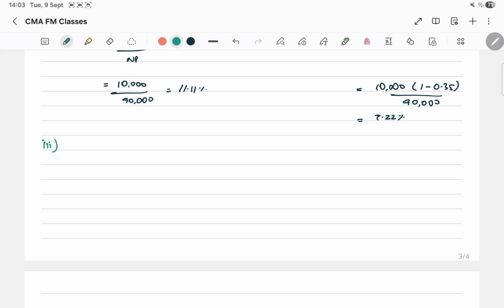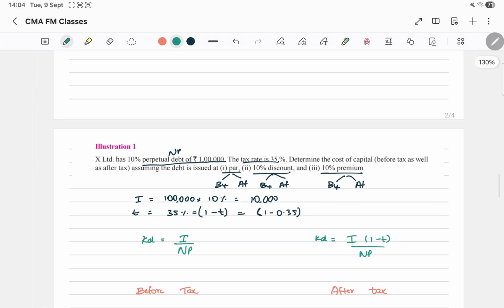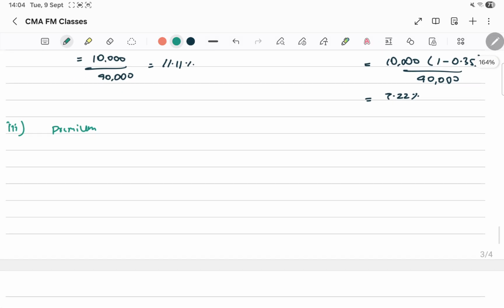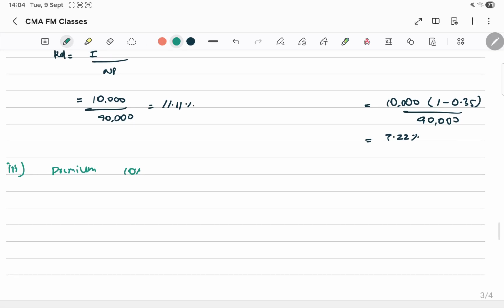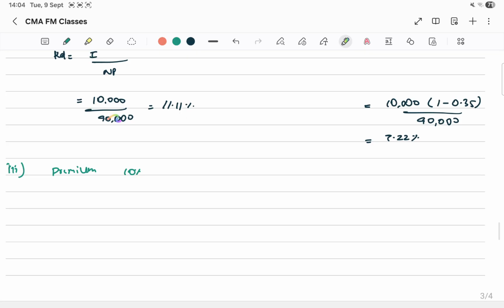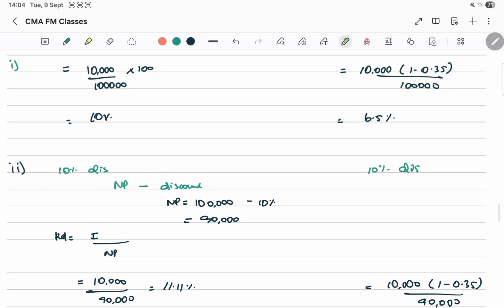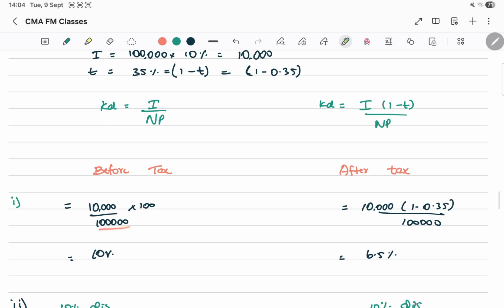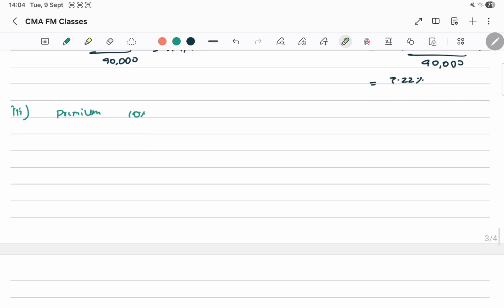Now the third scenario comes, for premium. They have given 10% premium. Now listen, should this 10% be taken from the 90,000 or from the 1 lakh? You need to take it from 1 lakh.